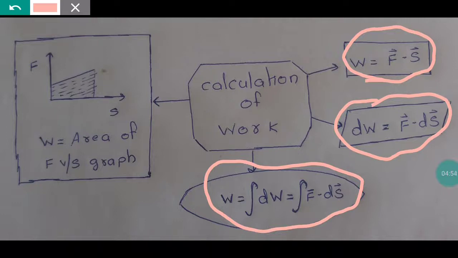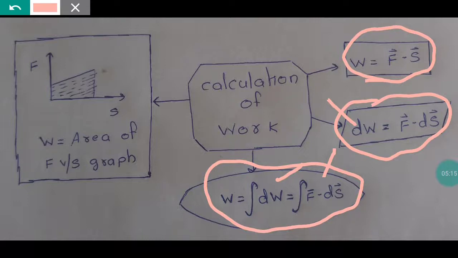Integration means to collect the things, to add up the things. So what we are doing, the calculation is like this. First we calculate dW and then we integrate dW. That is nothing but the integration of F dot dS. So by this third method, we can find the total work done.